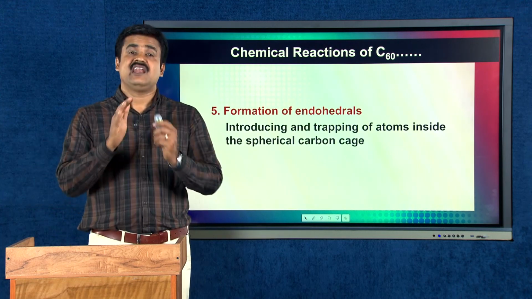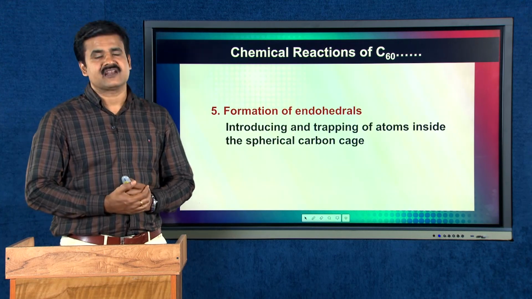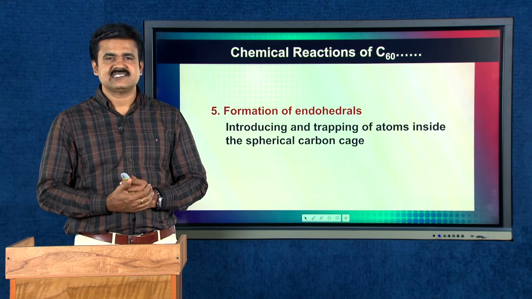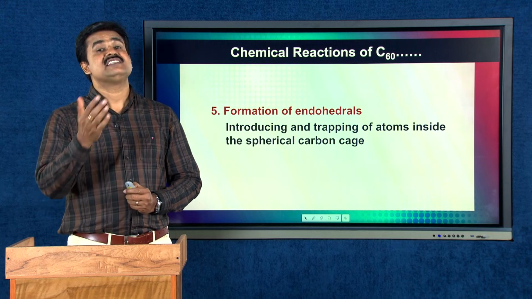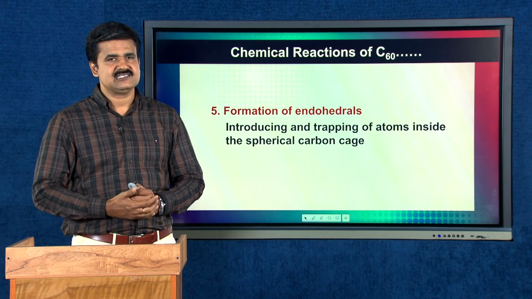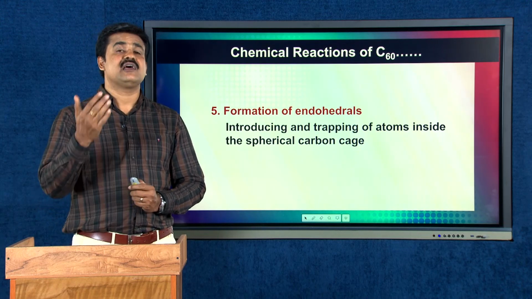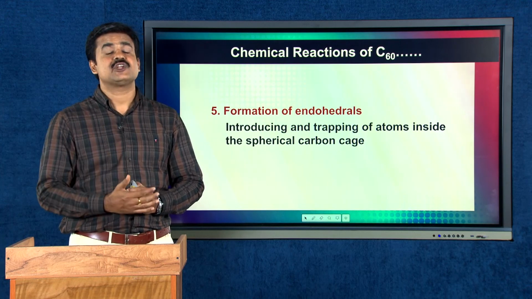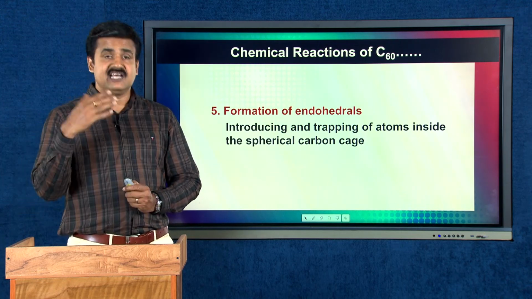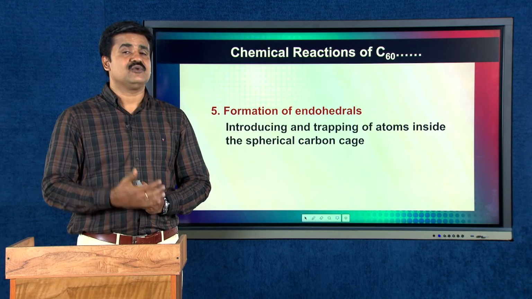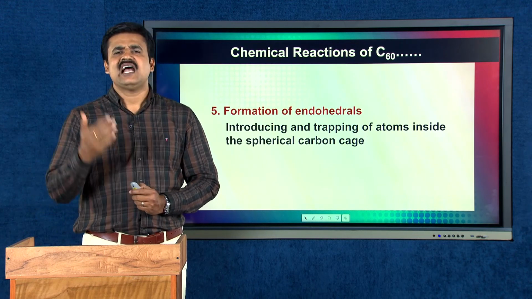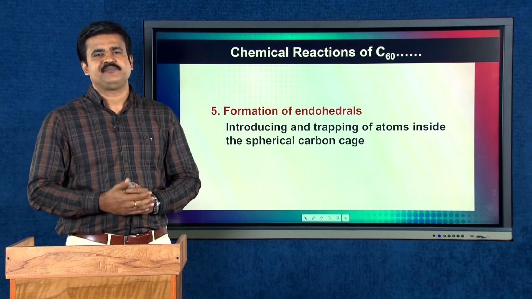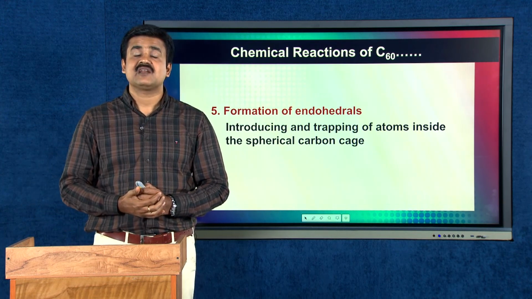Now, the last category of the chemical reaction shown by C60 molecule is formation of endohedrals. We just heard about exohedrals. In a similar way, we are now focusing on the generation of endohedrals. That is the fifth category of the chemical reaction shown by the C60 molecule. Introducing and trapping of atoms inside the spherical carbon cage.